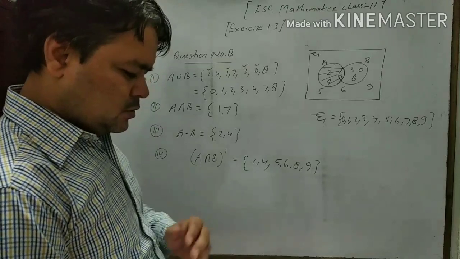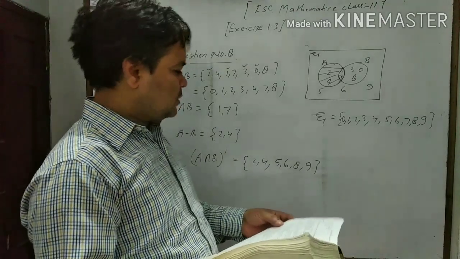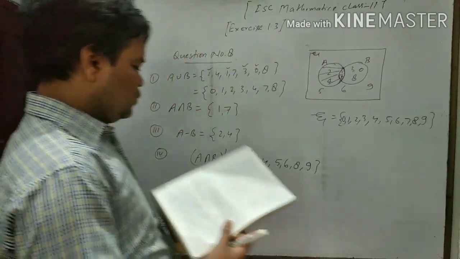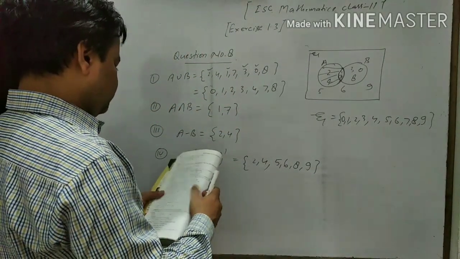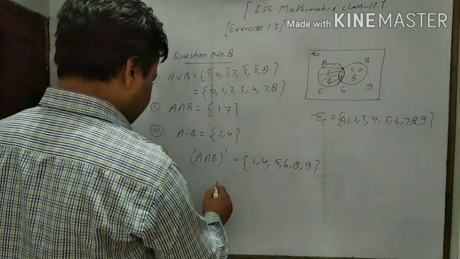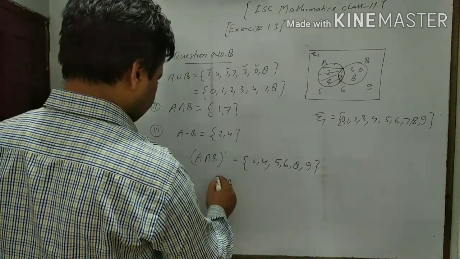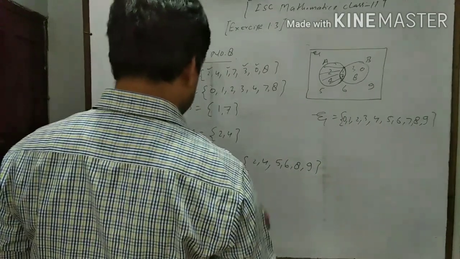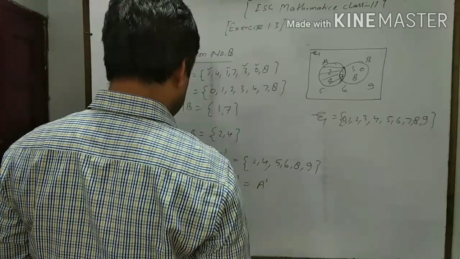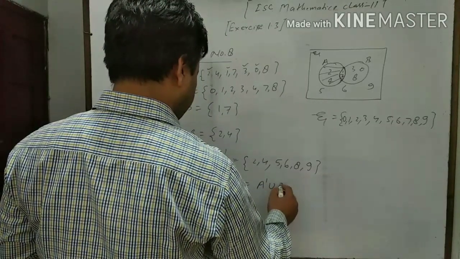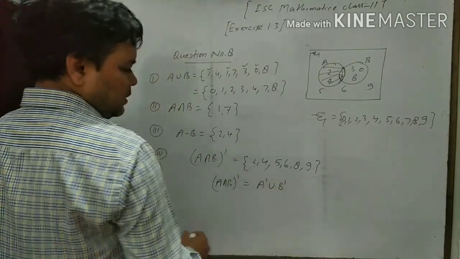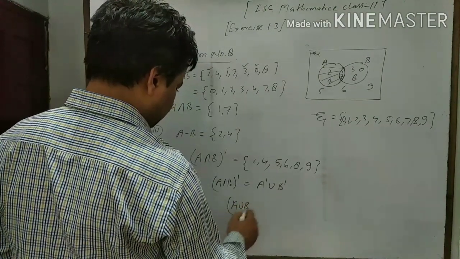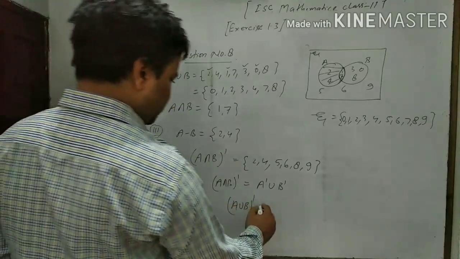Using De Morgan's law also we can solve this question. According to De Morgan's law, the complement of A intersection B is what? That is complement of A union complement of B. And also, the complement of A union B is what?